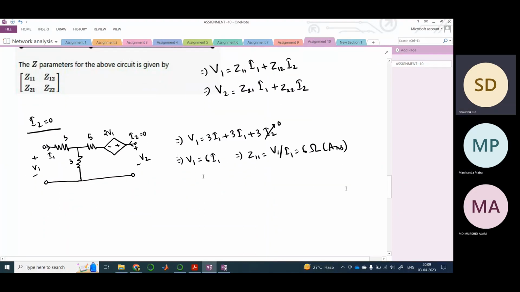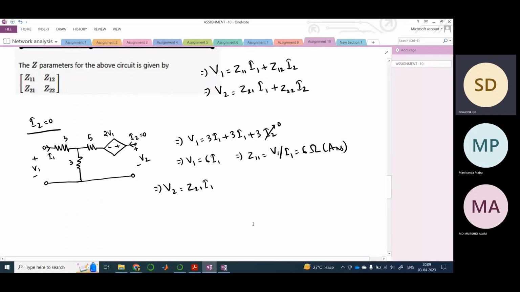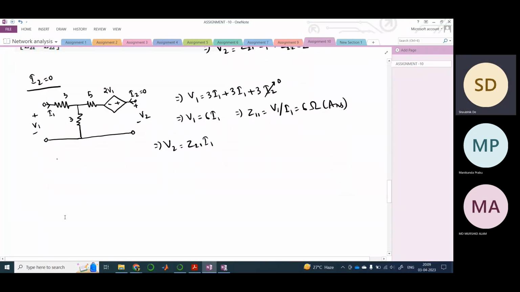Okay. Now, sir, what is Z21? Z21 is nothing but V2 equals Z21 I1. Now see how we calculate. If you consider I2, what would be the equation? V2 equals 2V1 plus 5I2 plus 3I2 plus 3I1. Again, I2 is 0. So V2 is 2V1 plus 3I1.